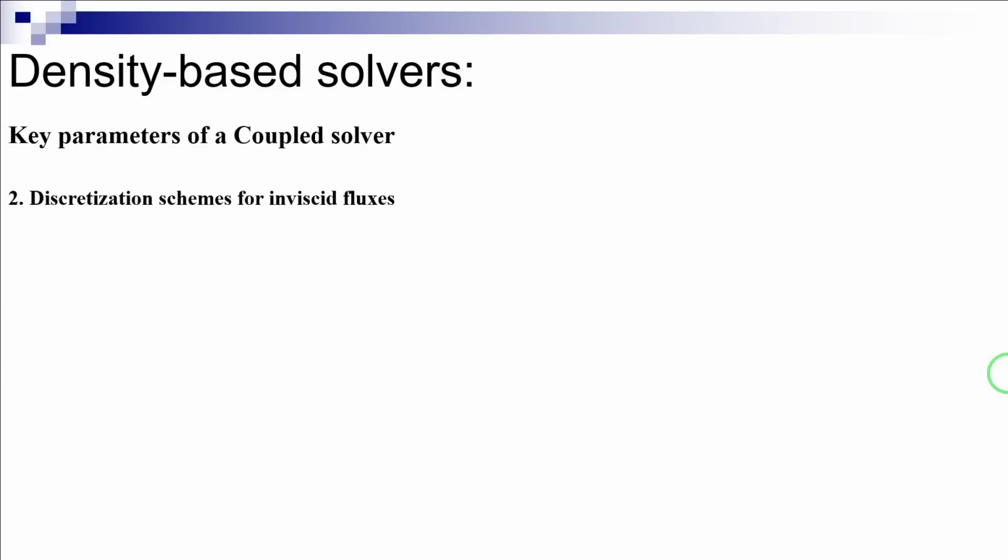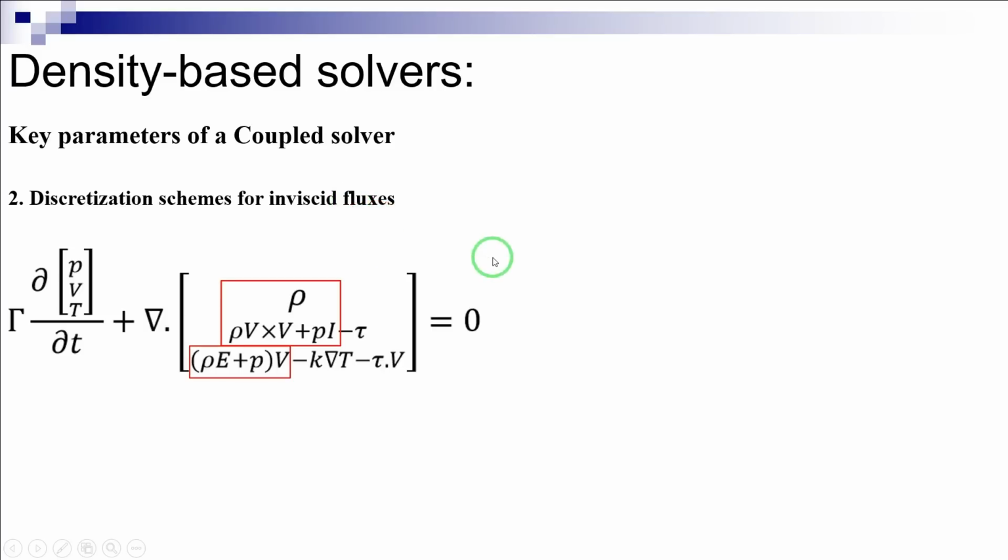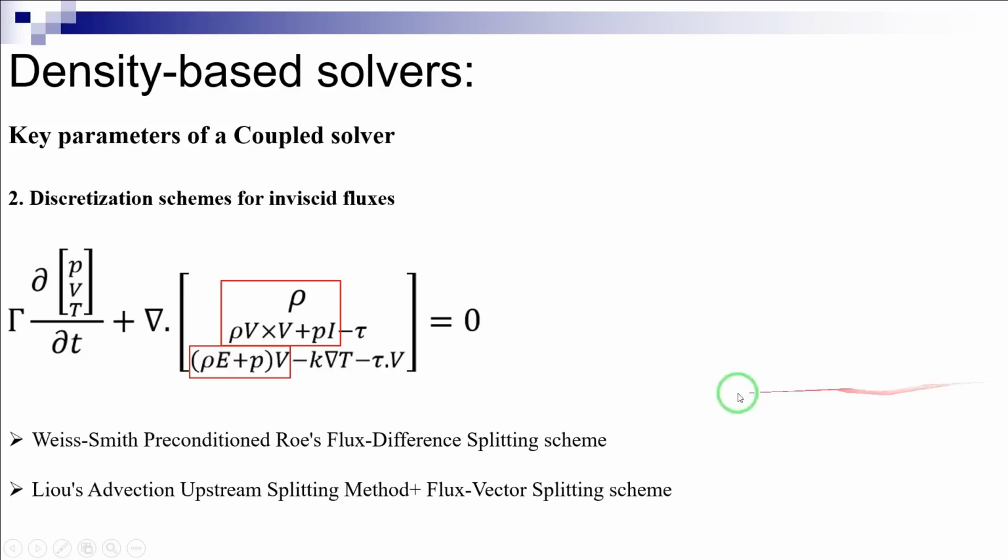Discretization schemes for inviscid fluxes. The schemes that are used to discretize the inviscid fluxes, which are the pressure and convective terms in the governing equations as shown here, are another important parameter within the coupled solver. Two popular schemes that are used in CFD solvers such as Star-CCM+ are shown here: the Weiss-Smith preconditioned Roe flux difference splitting scheme, and the AUSM+ (advection upstream splitting method) flux vector splitting scheme.